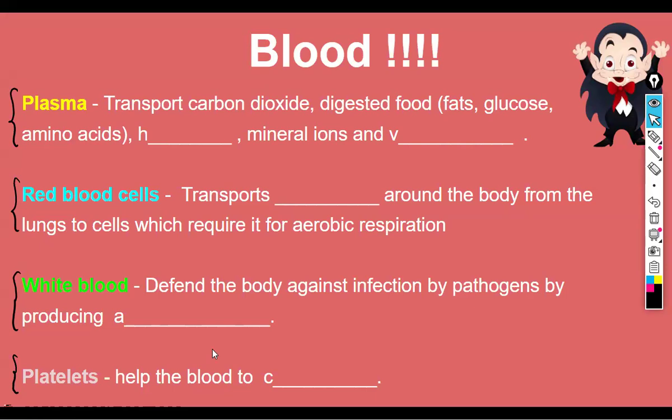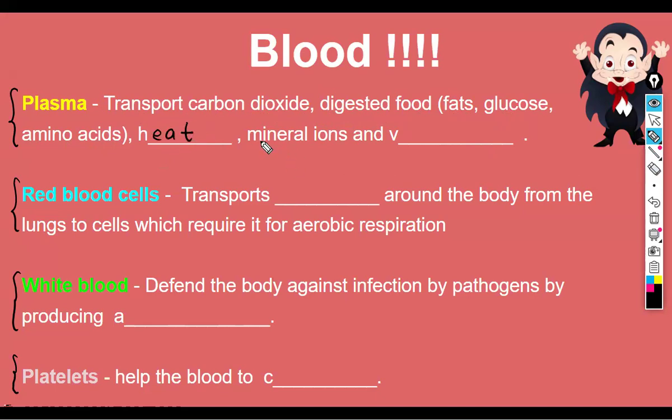So, plasma. We know plasma is the liquid part of the blood by now. So it transports carbon dioxide, digested food like fats, glucose, and amino acids. We did the digestive system last term, so we know about fats, glucose, and amino acids. The H word here is obviously heat.